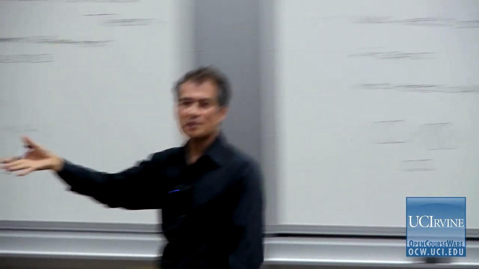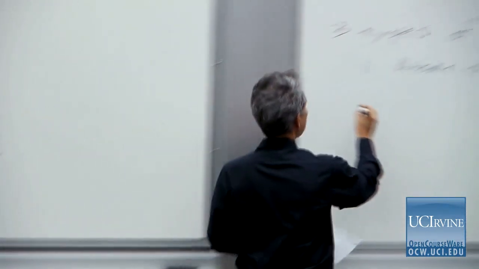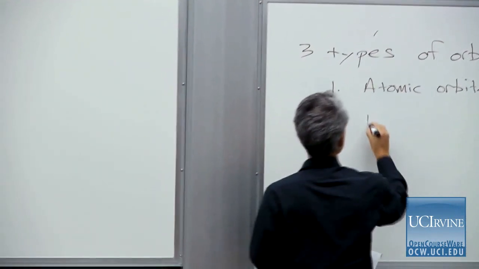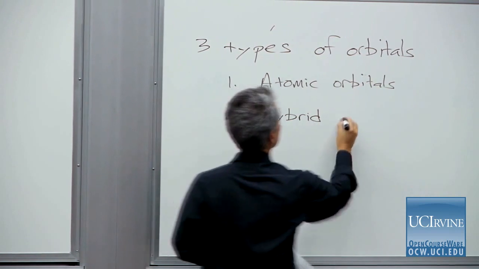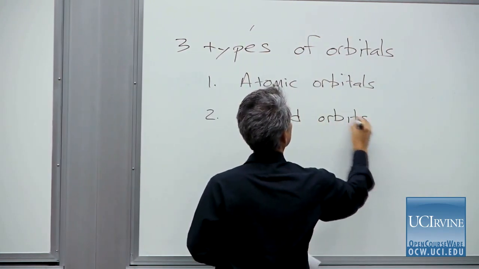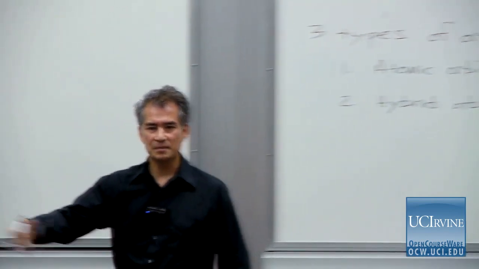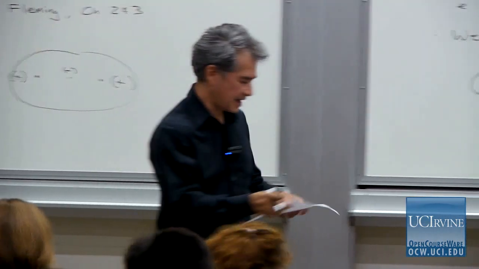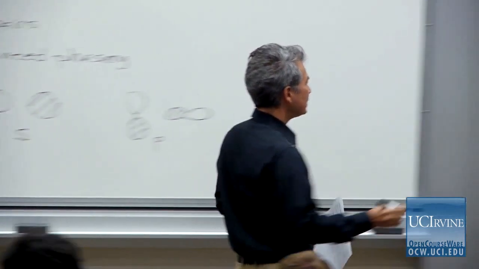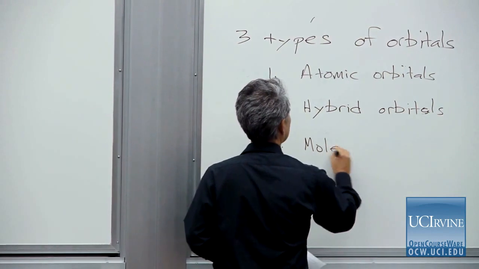This is the stuff that you know as s, p, d, and f orbitals relative to the structure of atoms. Then we're going to talk about combining those things into hybrid atomic orbitals. That's sp2, sp3, sp, stuff like that. So you should be familiar with that. And then finally we're going to talk about combining those things to make molecular orbitals.